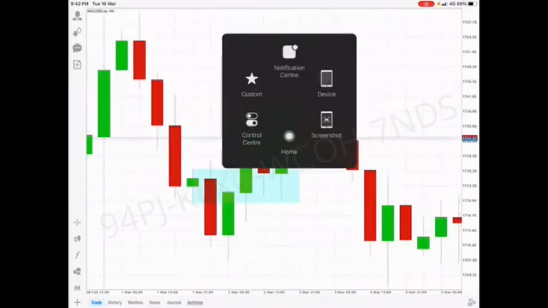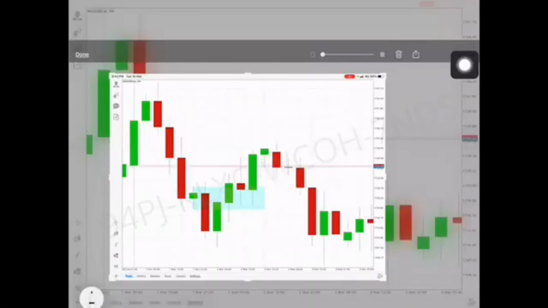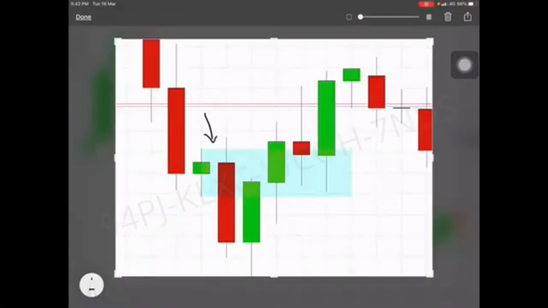So look at this one. Okay. What is this? Is this engulfing sell or engulfing buy? This one is engulfing sell, but then it broke upwards, right? So it has become engulfing fail. Okay? All right.